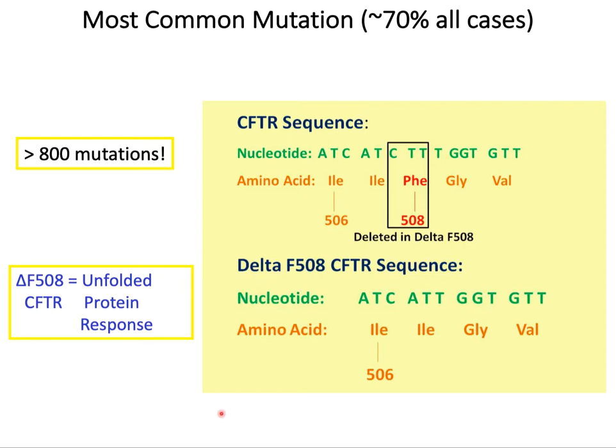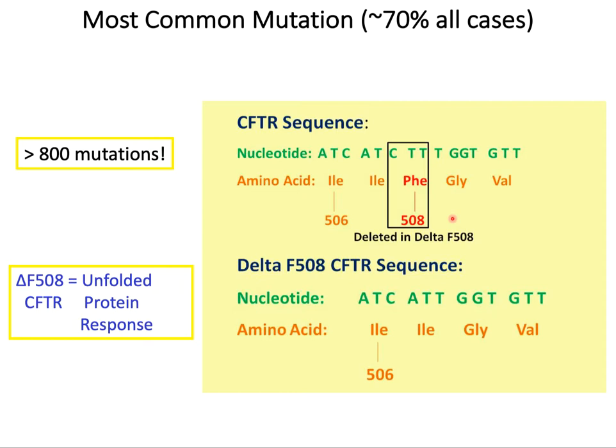So when we were talking about cystic fibrosis, we talked about the types of mutations that you see in the CFTR. And this is very interesting. There are about 800 different mutations that have been associated with CFTR. But the most common, in about 70% of the cases, is a deletion of the phenylalanine at position 508. And when you delete the phenylalanine at position 508, you end up with the misfolded CFTR while it's being synthesized in the ER.